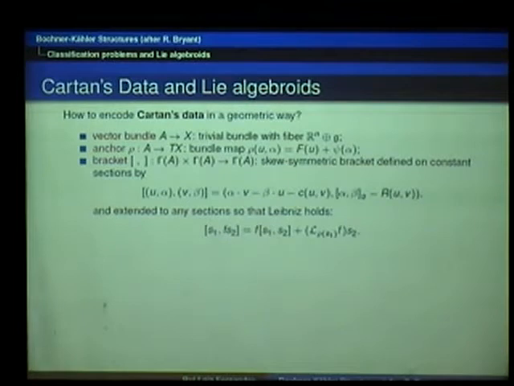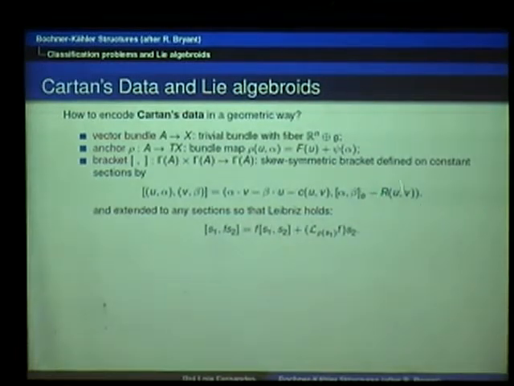So this is the action of an element of the Lie algebra on a vector V. I skew symmetrize. I have here the C that expresses the torsion. And here I have the Lie bracket on G and the curvature. Okay? And that gives me a skew symmetric bracket on the sections of this vector bundle A.